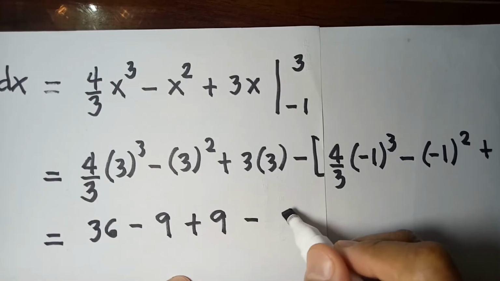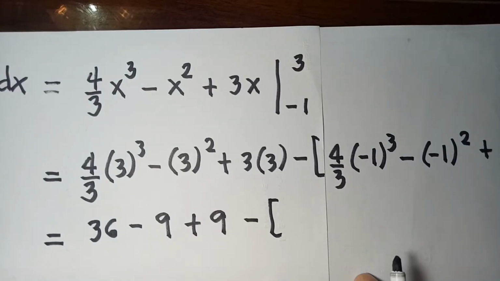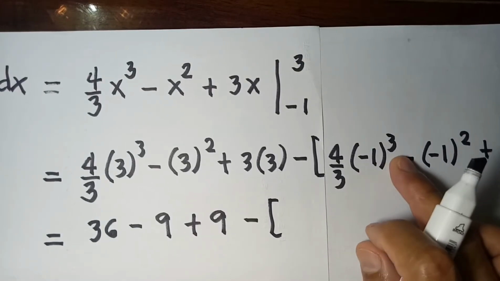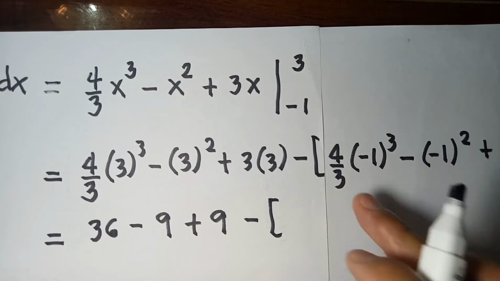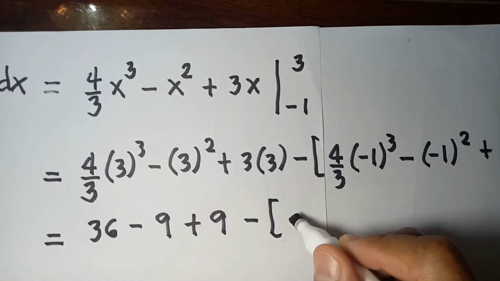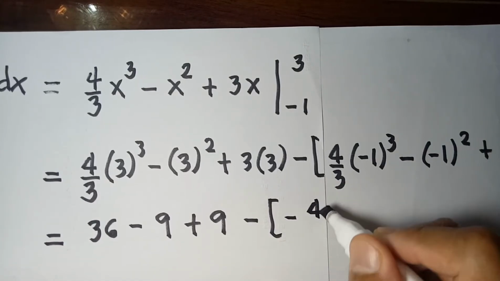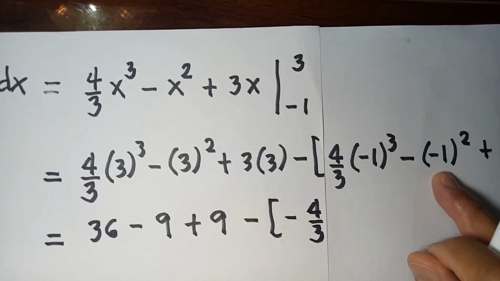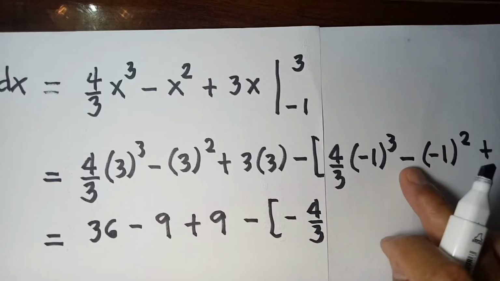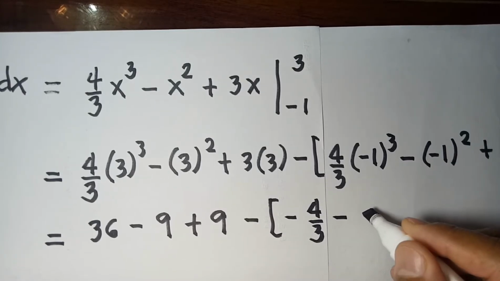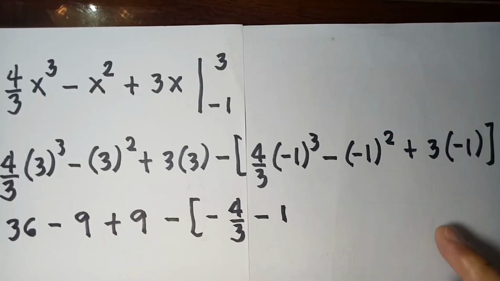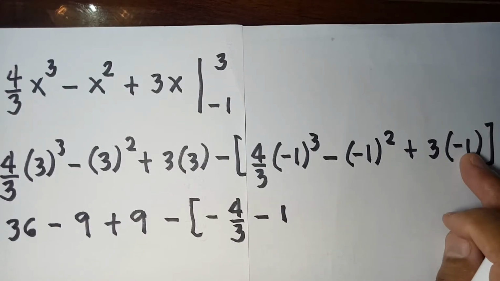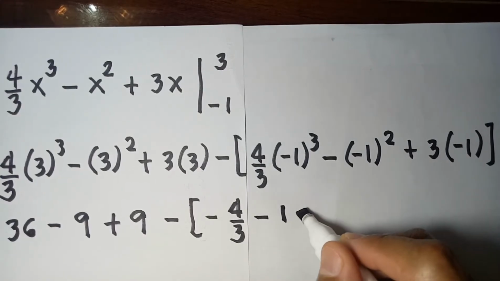And then minus negative 1 cubed is negative 1 times 4 thirds is negative 4 thirds. Okay? Negative 1 squared is positive 1 times negative is negative 1. And then 3 times negative 1 is negative 3.